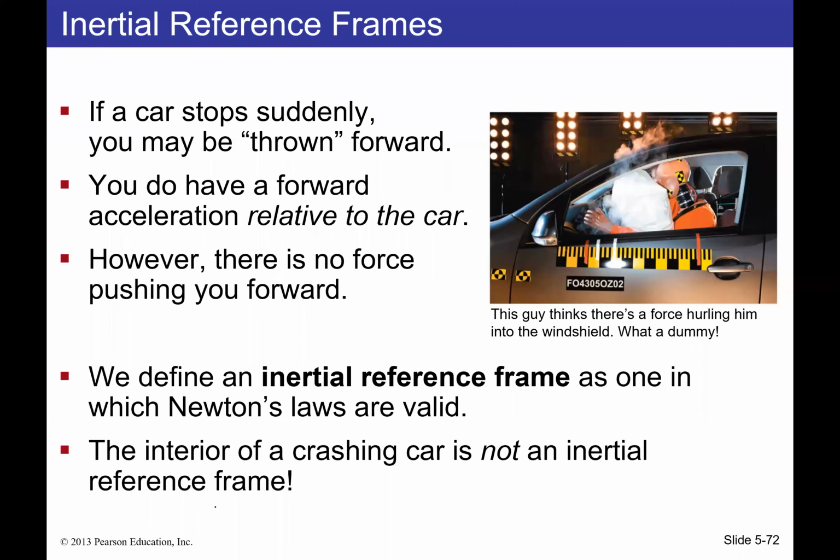Okay. So generally what we use here is what we call an inertial frame of reference, or inertial reference frames. Those are basically your car or your room or your house or your planet, where whatever experiment you're doing obeys Newton's laws of motion.